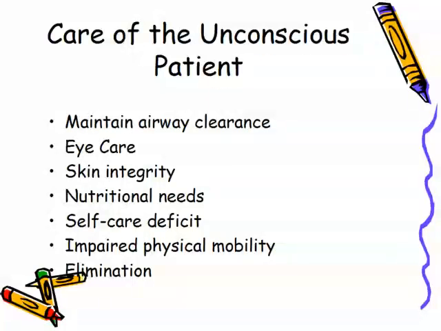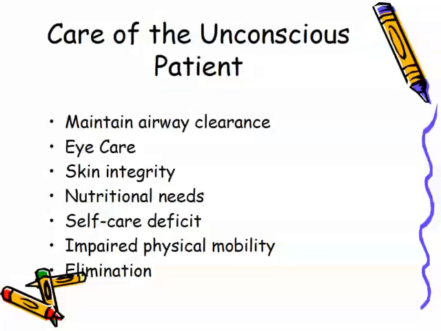They're also at high risk for pressure ulcers and skin breakdown, so they need frequent position changes every 2 hours. If they have increased ICP and are comatose, they're going to have nutritional needs, so typically these patients have a G-tube or TPN and lipids. They're at risk for physical mobility issues and DVTs and all those types of things.